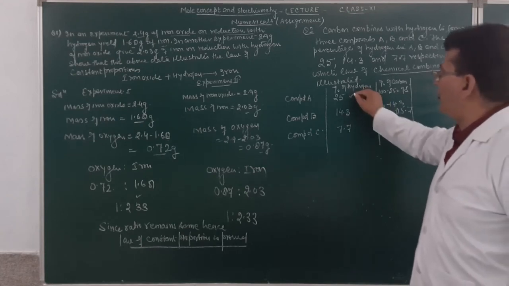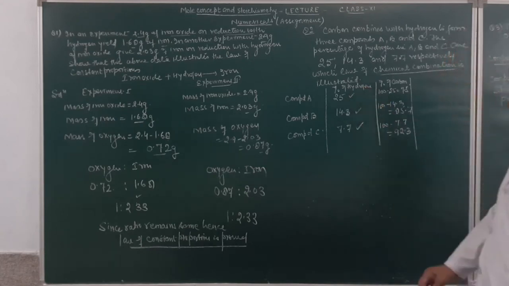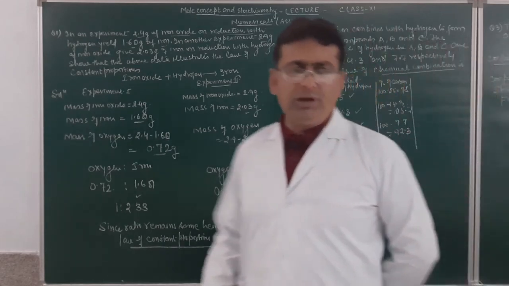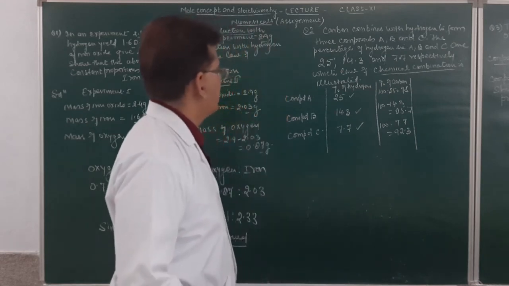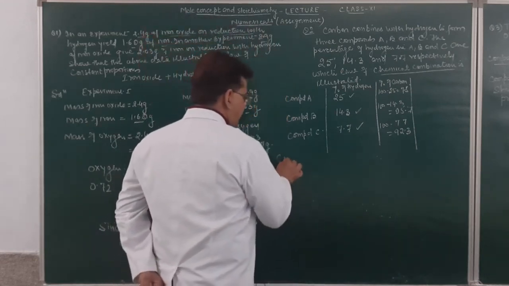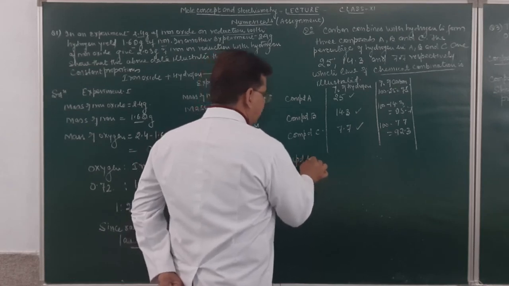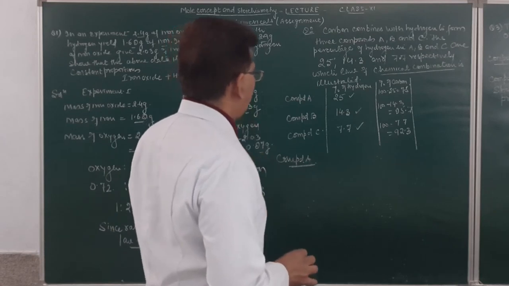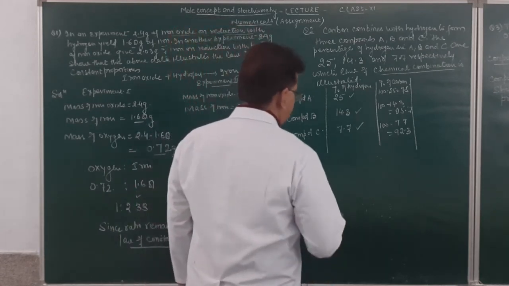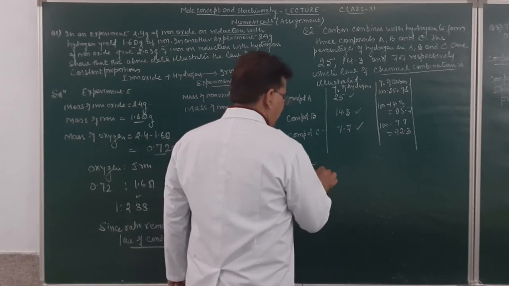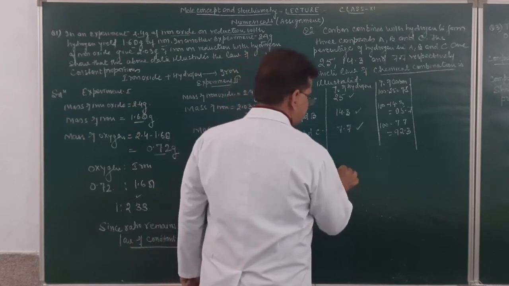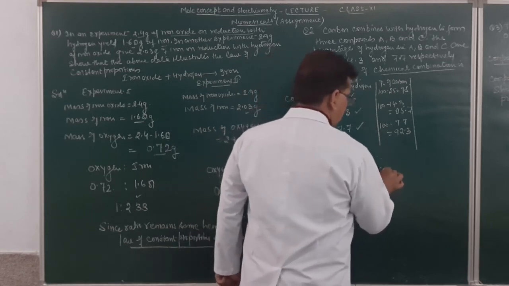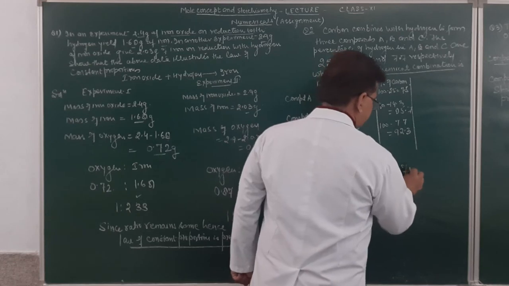Now, see student over here. The percentage of hydrogen is 25%, 14.3 and 7.7. I have to prove which law of chemical combination is proved. Now just see over here. In compound A, if hydrogen is 25, then the percentage of carbon is 75.